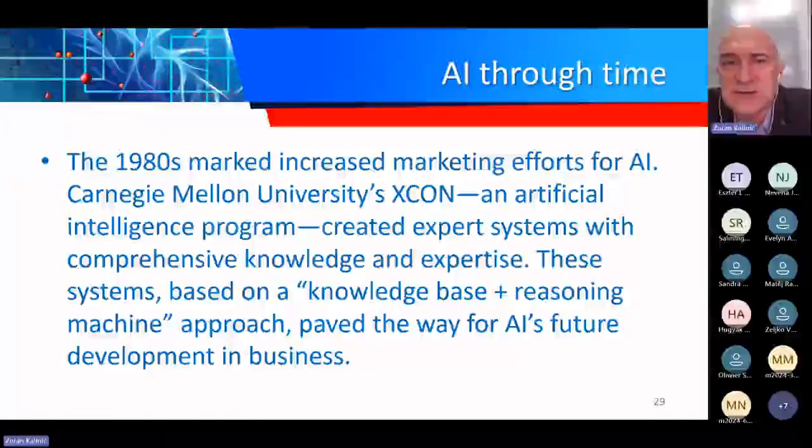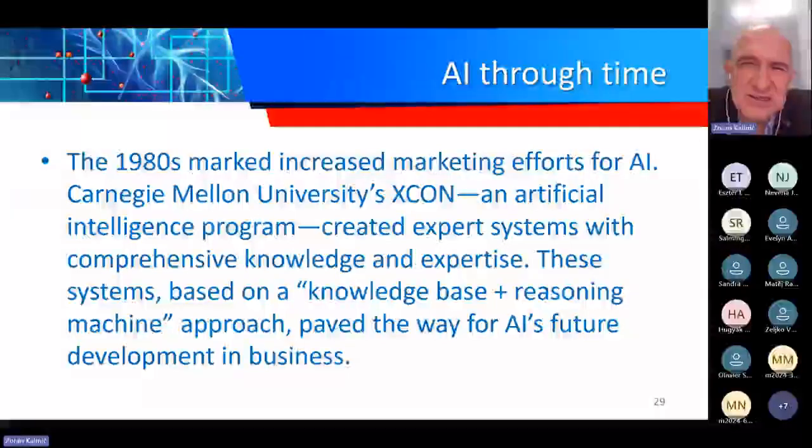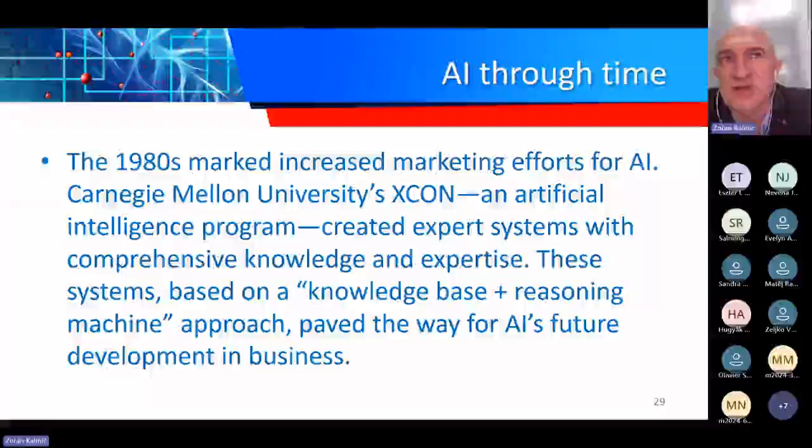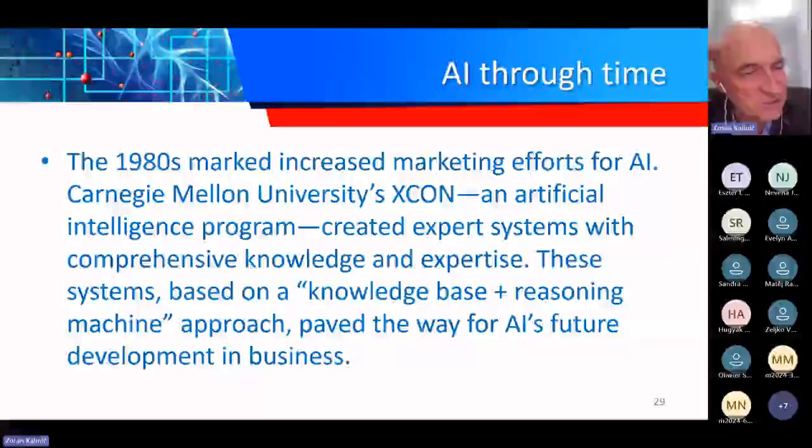The 1980s was the period where so-called expert systems were very popular. And this is a big difference because I'm sure that you heard two terms, artificial intelligence and machine learning, and usually use them simultaneously, right? But it's not the same. Artificial intelligence are actually the systems that resemble the human way of thinking and giving answers, resolving problems.